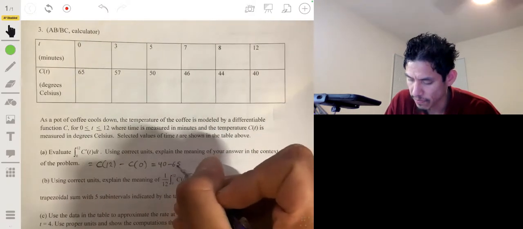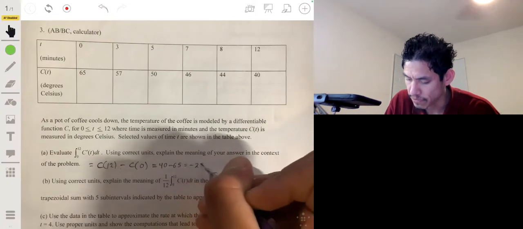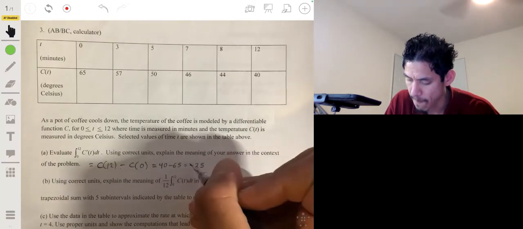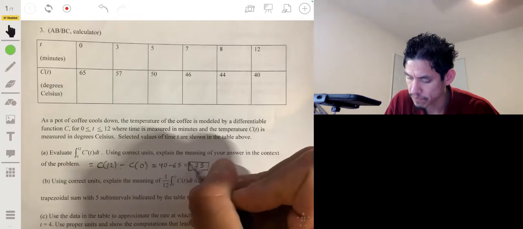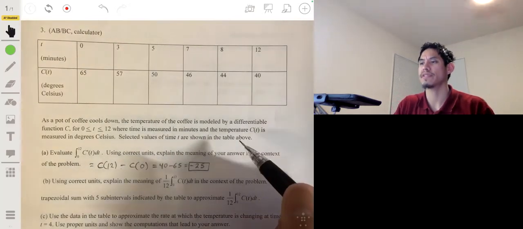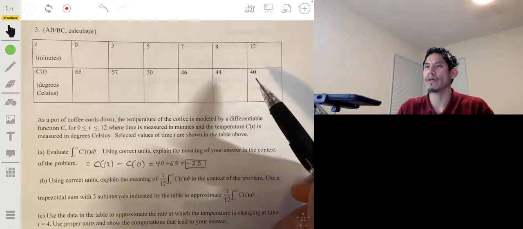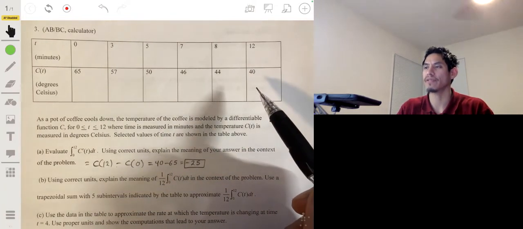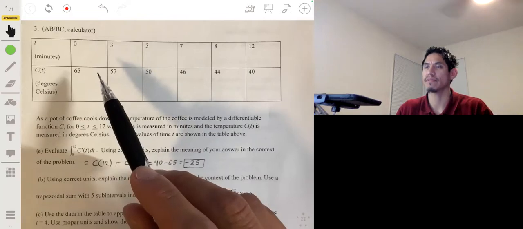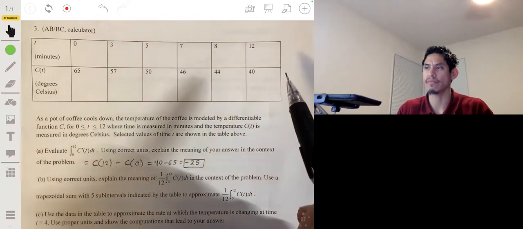And so we get negative 25. And so what this means is that the temperature of the pot of coffee cooled down by 25 degrees Celsius from time 0 to the 12th minute.